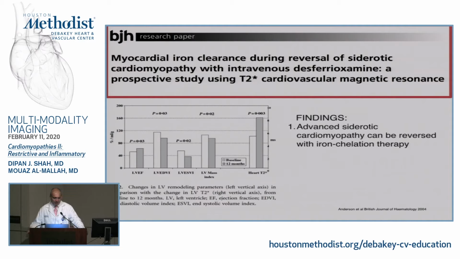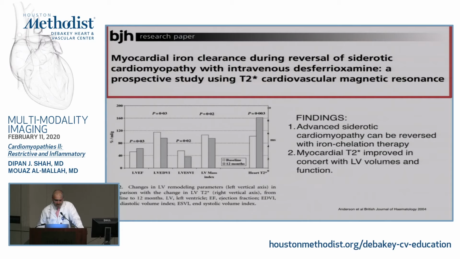But there are a few other findings that they noticed. One is that advanced siderosis cardiomyopathy can be reversed with iron chelation therapy, which then again will lead to an improvement in LV contractility. That myocardial T2 star times really improved in parallel with improvements in functional parameters.